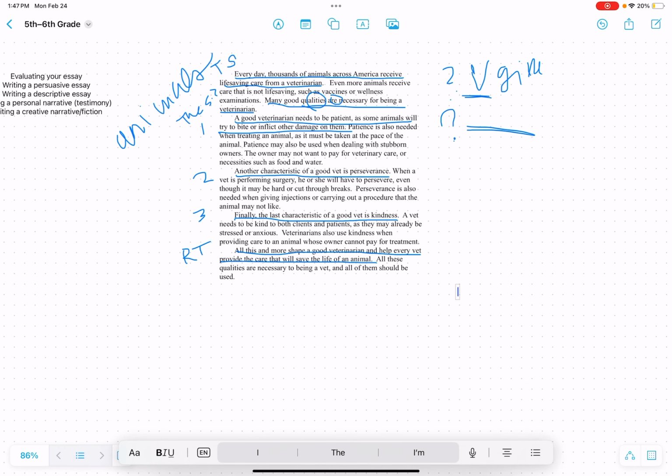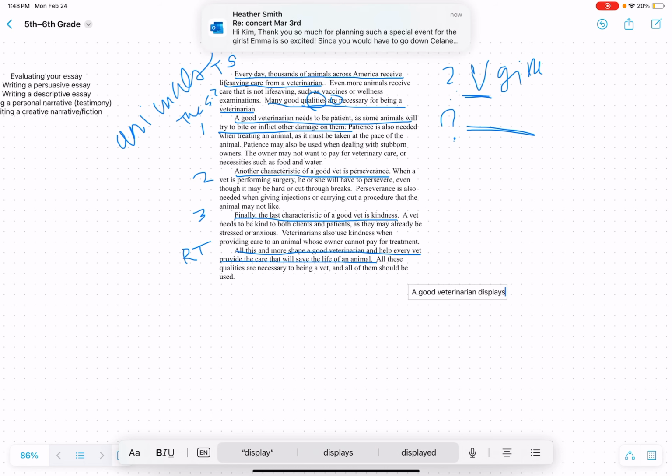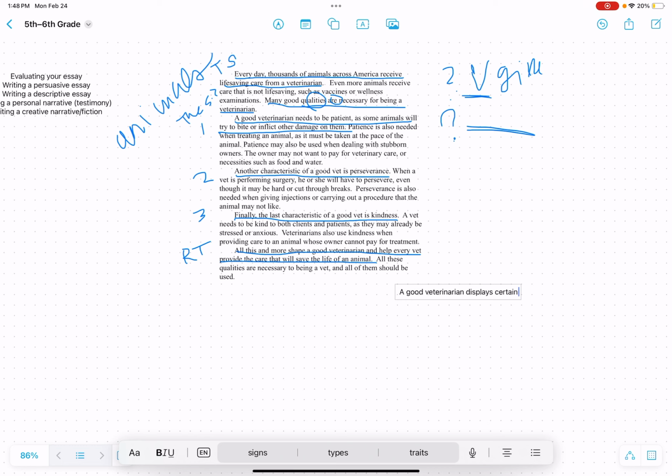So let's say a good veterinarian, however you properly pronounce it, displays certain, let's say, certain necessary qualities, right?